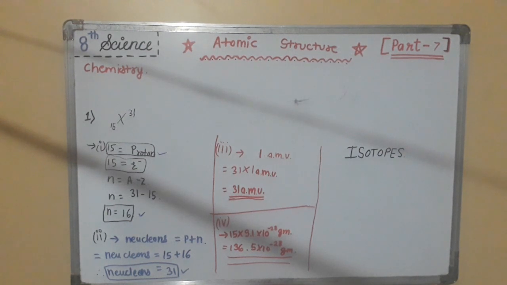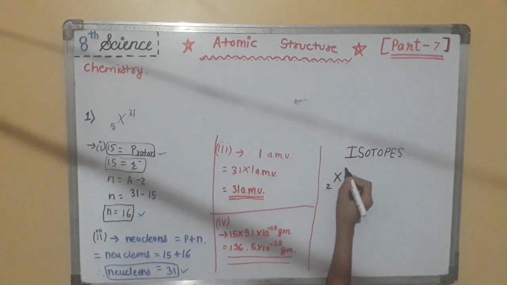We have seen that an atom of an element X can be represented with the lower left side being the atomic number and the upper right side being the mass number. Also, atomic number is the characteristic of an element. Every element has its own atomic number which no other element can have.